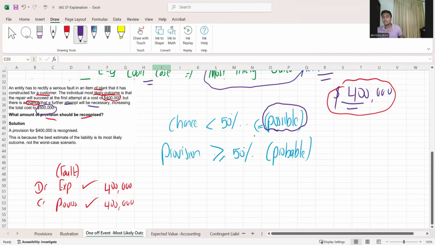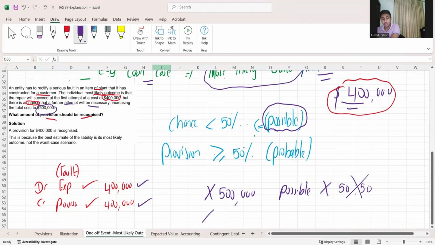So what I want to tell you here is, since the most likely outcome is already predicted, it is 400,000, you need to go and record it at that. You will not record it at 500,000. Why? Because this is possible, 50-50 is not allowed.